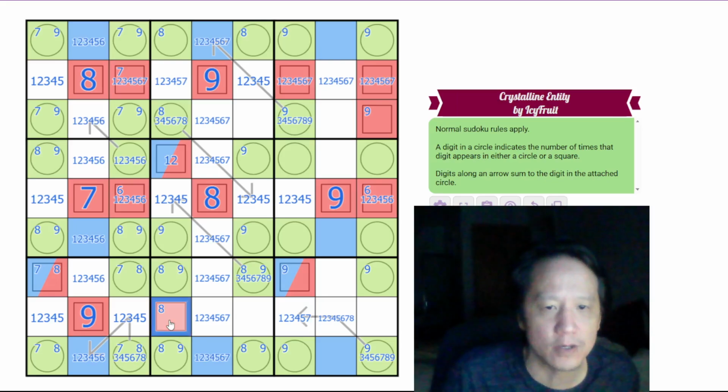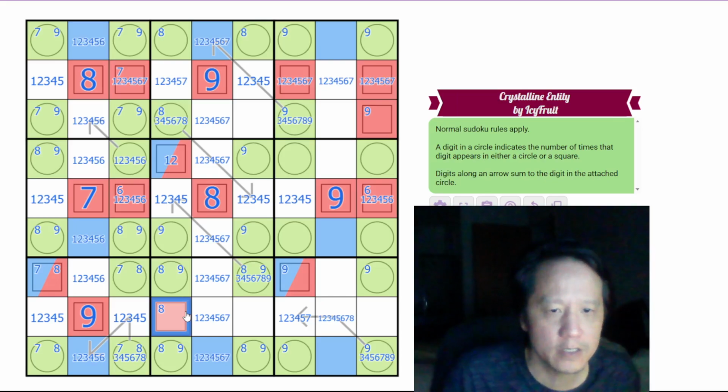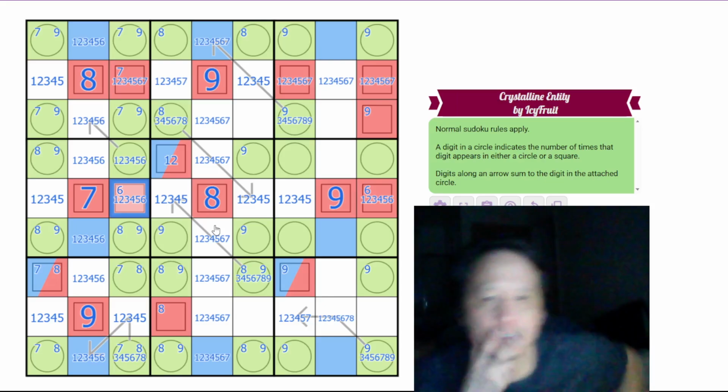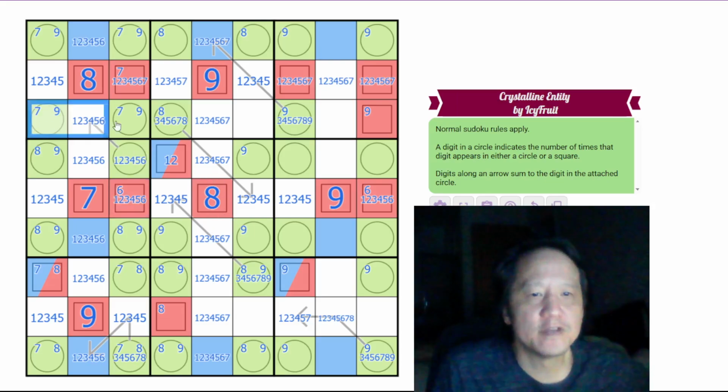It cannot be here. So in row 8, it will not match a square. Okay, that's fine. In row 5, it could match one of them. 2, 5, and 8 here.